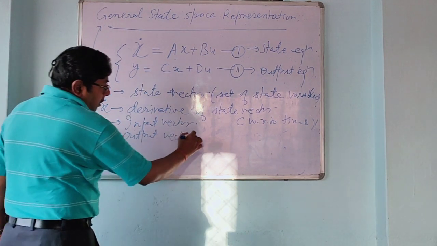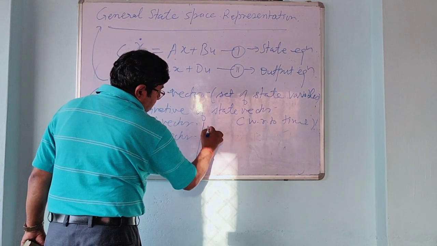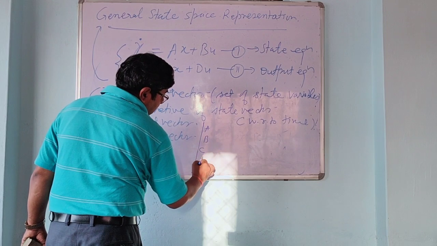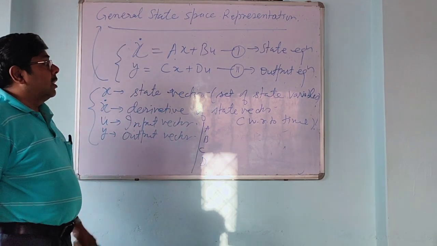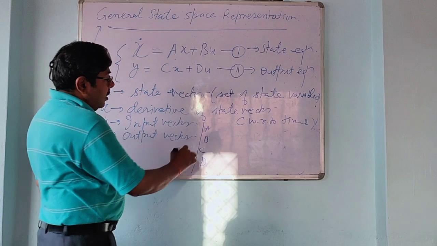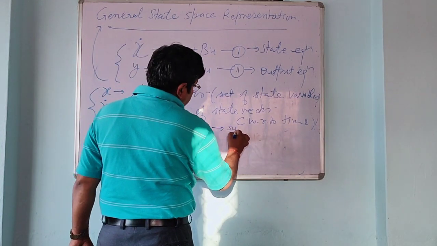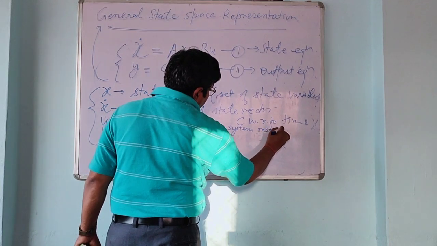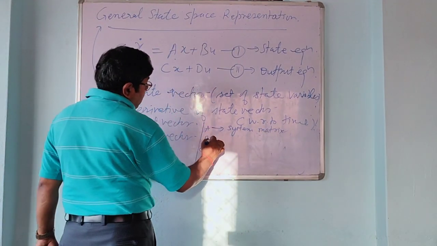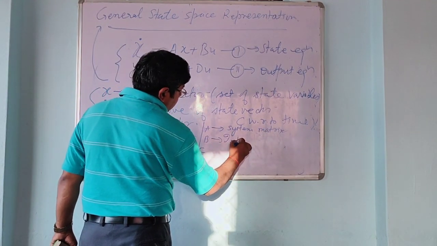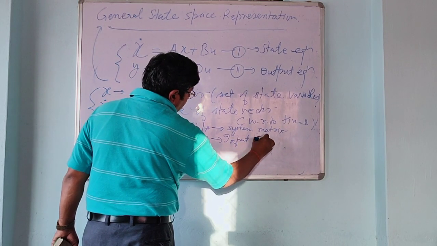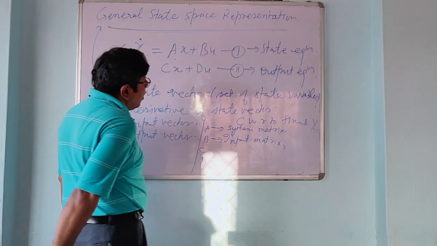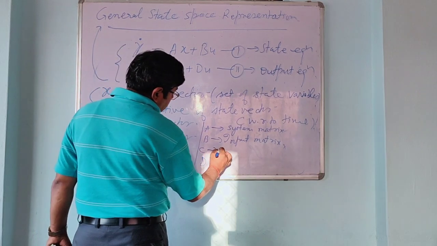Now we have another four quantities: A, B, C and D. These are four matrices. A is called the system matrix. B is called the input matrix. C is called the output matrix.